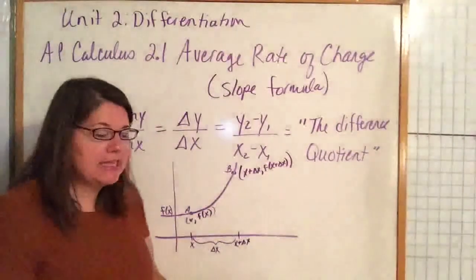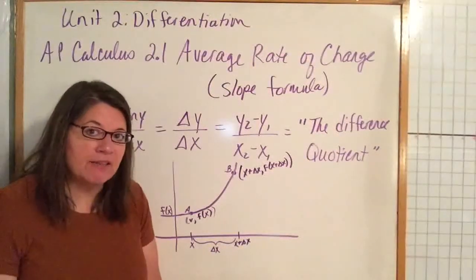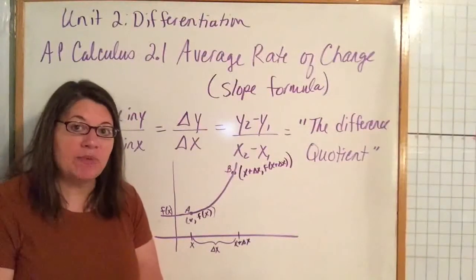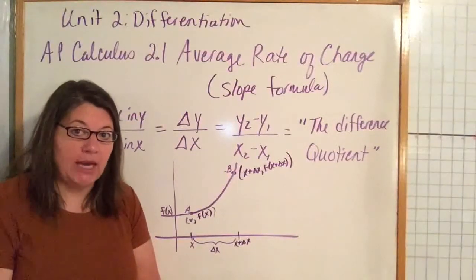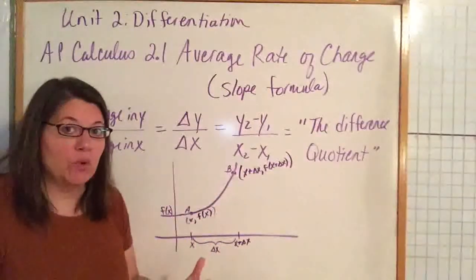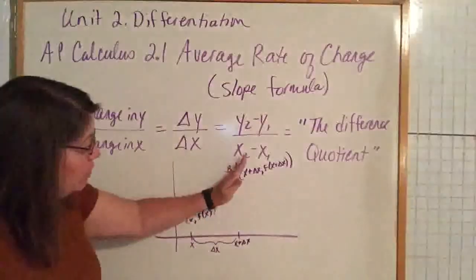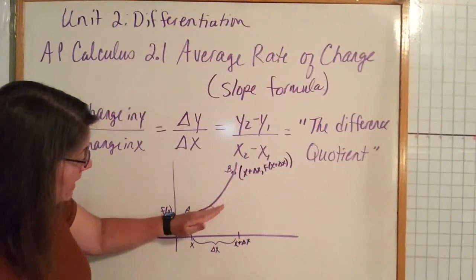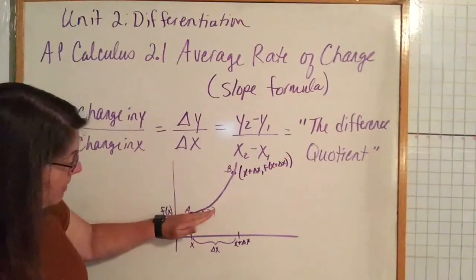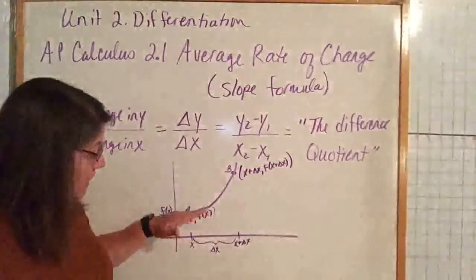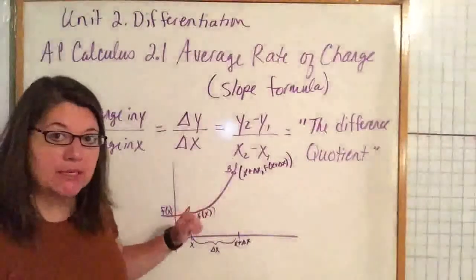And basically, that's what a derivative is. It's the slope of a tangent line at a specific point, okay? And we can find that using difference quotients. As we get closer and closer to A, the slope of the tangent line at A becomes closer and closer to what it actually is. And that's a limit, okay?